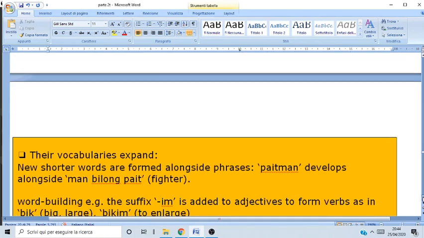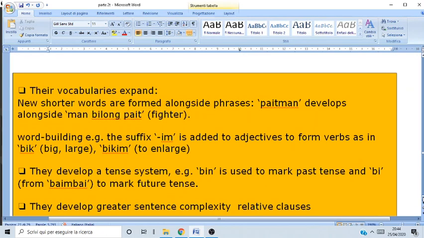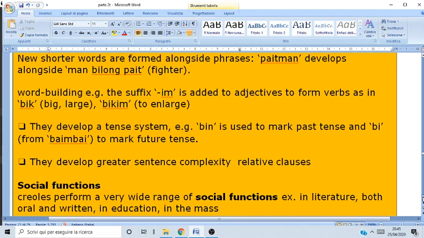There's also an expansion of vocabulary. So new words were created alongside the phrases that were used in Pidgin, like man belong pipe, that becomes pipe man. Or the use of suffixes, and we looked at the case of im that is added to change to go from an adjective to a verb.